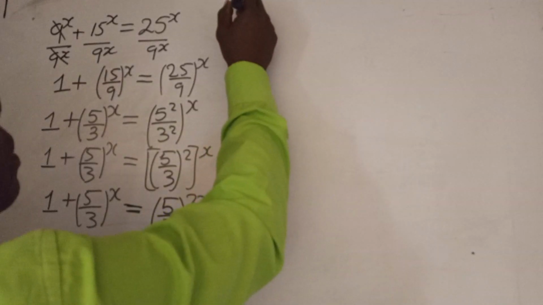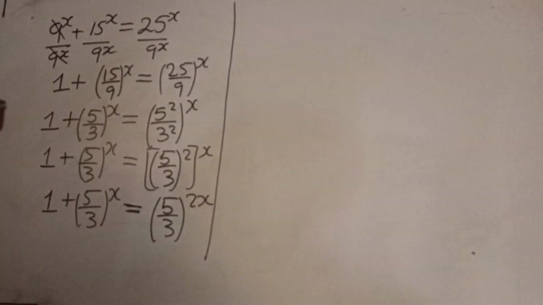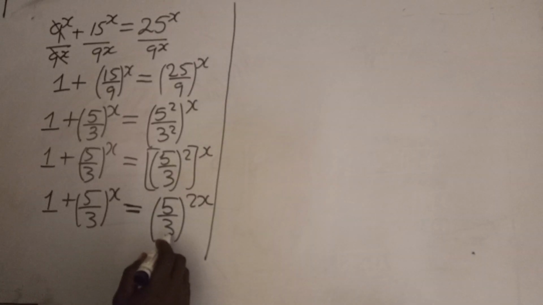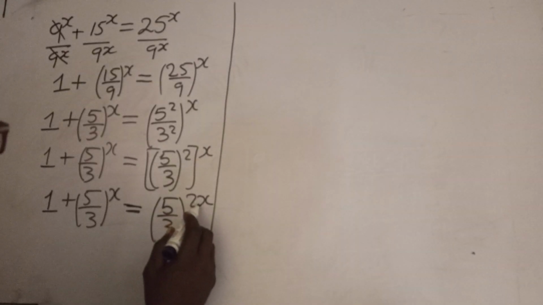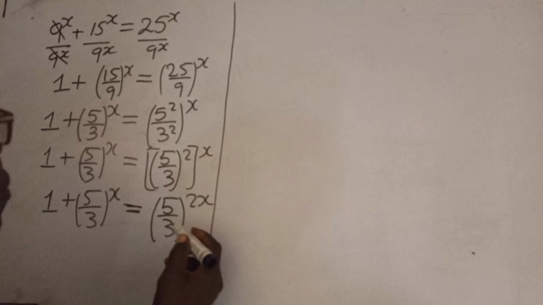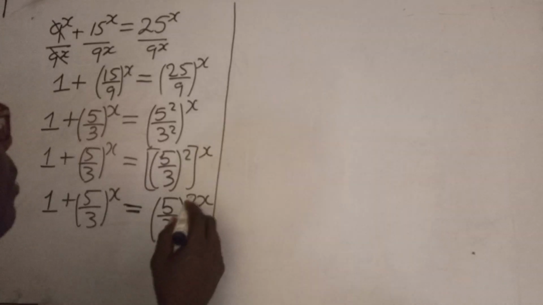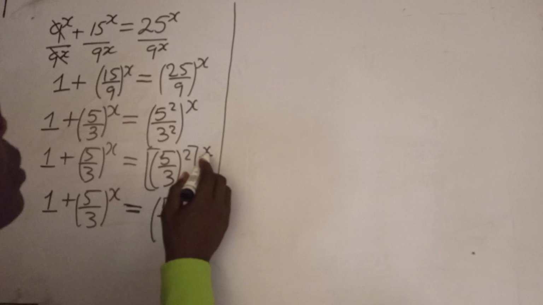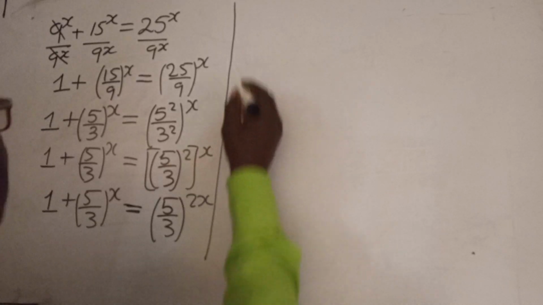So what do we do next? We can see 5 all over 3 being raised to the power 2x. Can we rearrange that so that it has the power 2 outside? Here the power was inside. Let's just swap positions. X comes in and 2 goes outside.